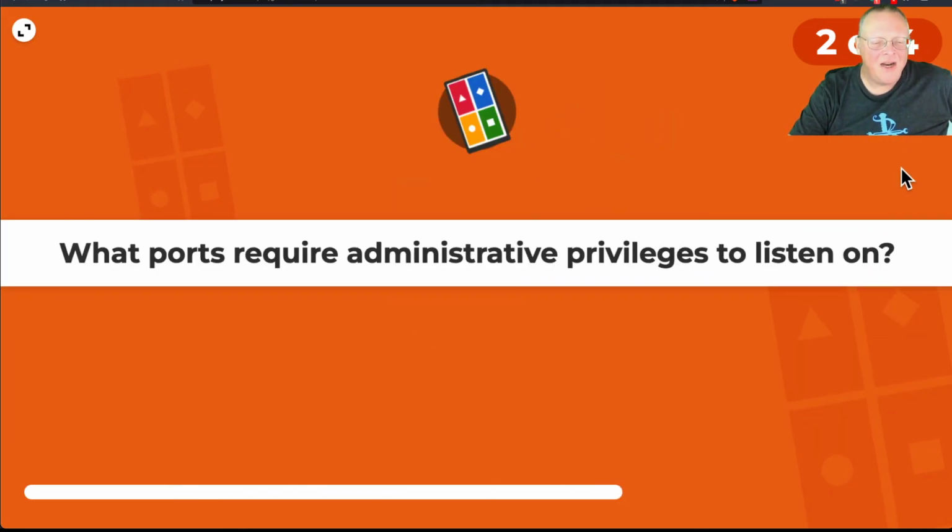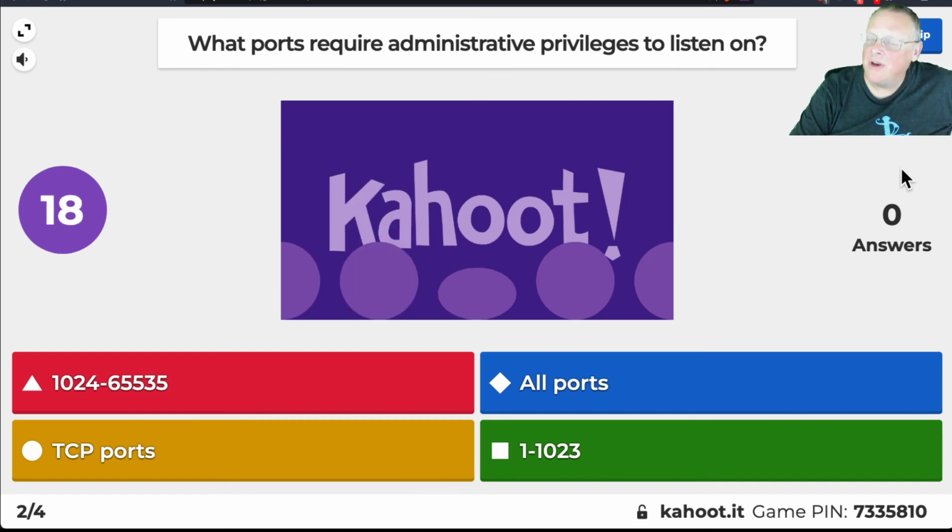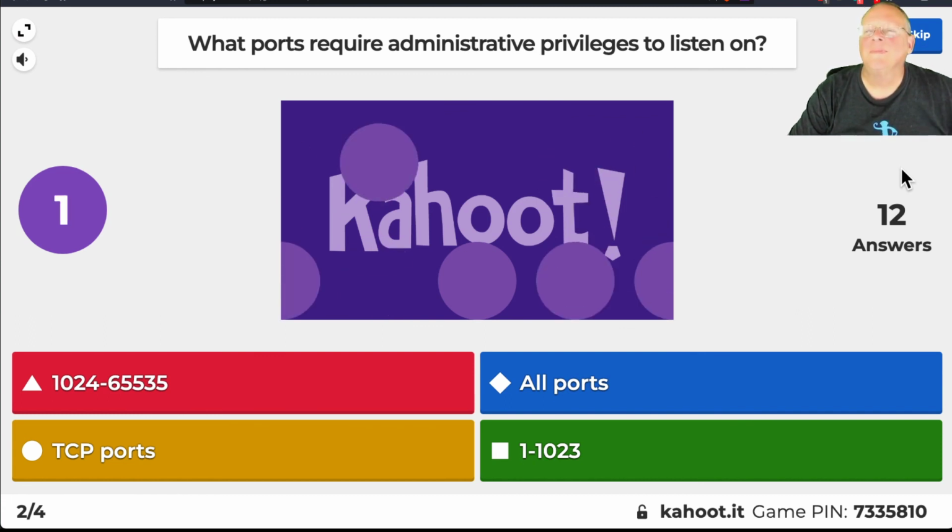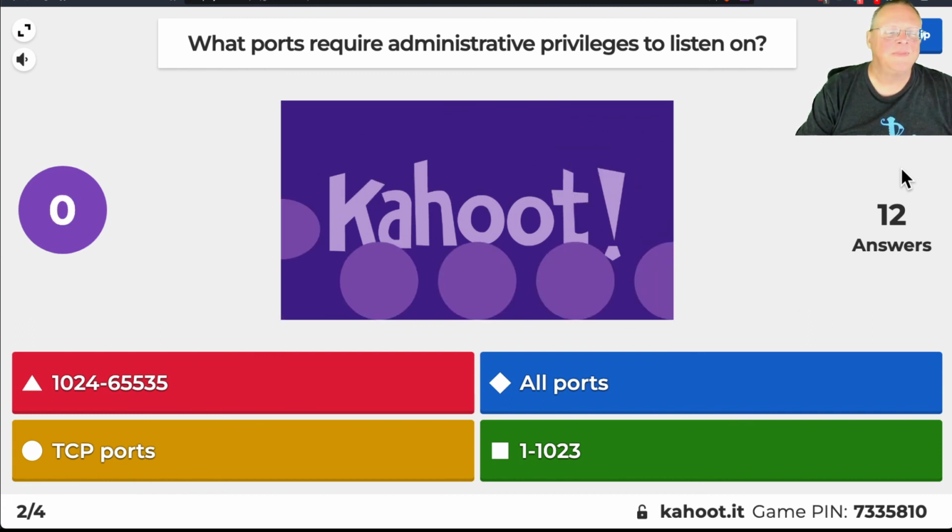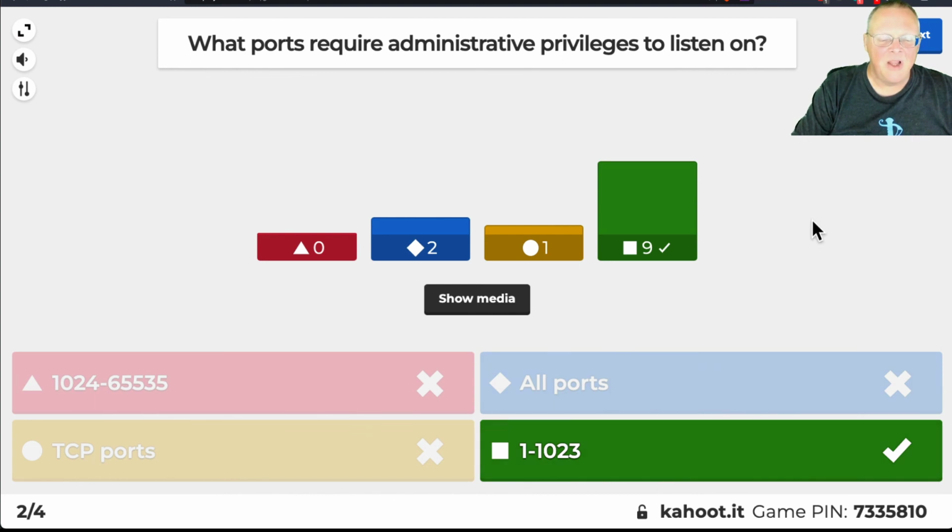And what ports require admin privileges? Yep, the low-numbered ones, up to 1023.